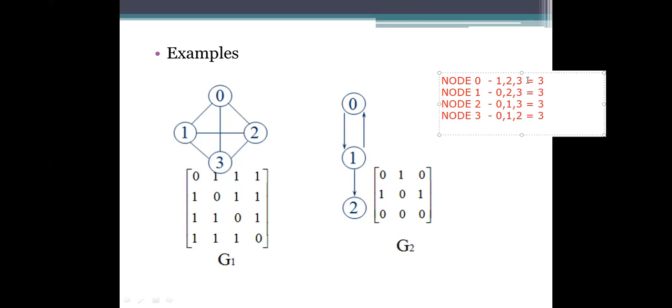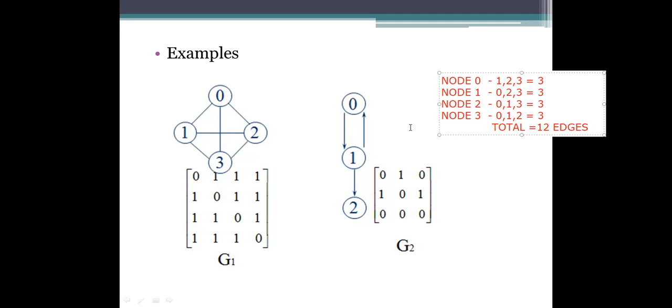Here also 3. So how many edges are there from each and every representation? There are 12 edges. So total 12 edges are there.